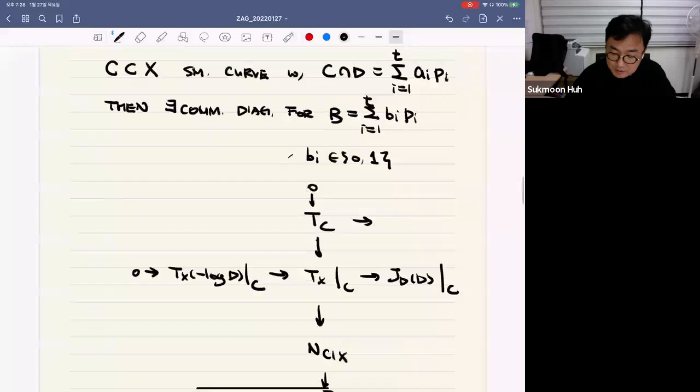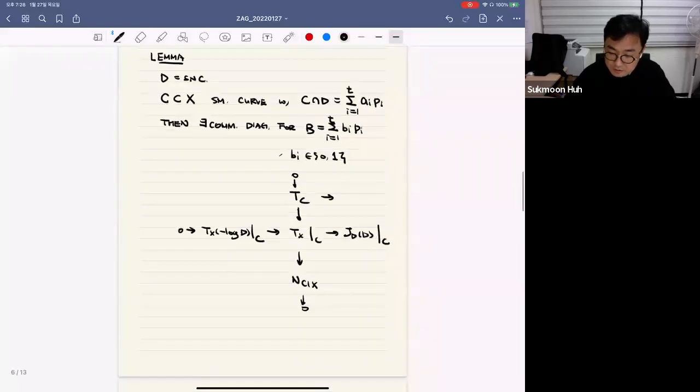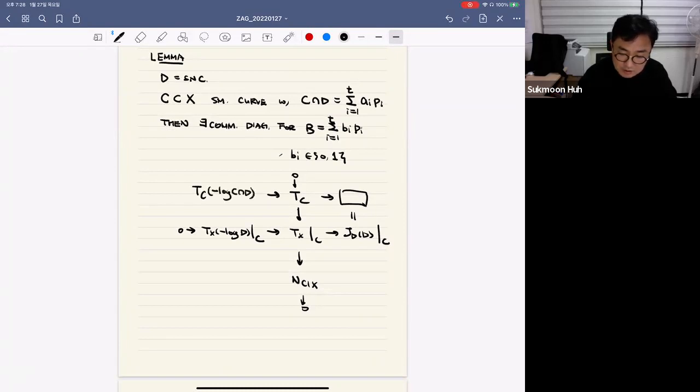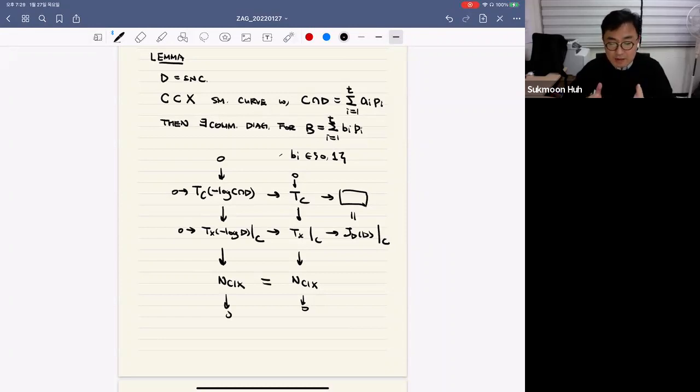Here we have the same thing, and here we have T_C, the logarithmic tangent bundle minus log of C intersected with D. And then from here we have an injection, and the cokernel is nothing but the normal bundle of C, right? So this is what we can expect when C intersects our divisor D transversely.